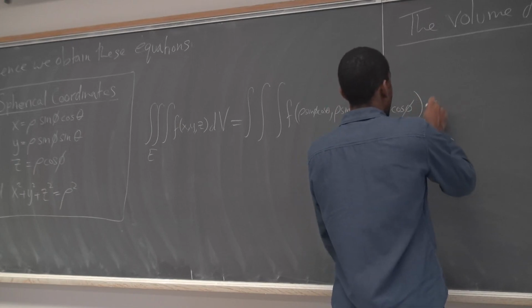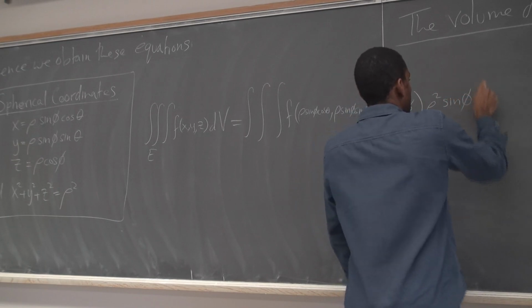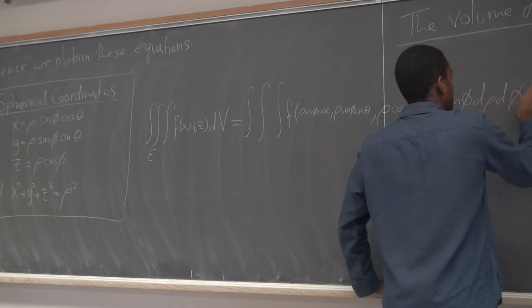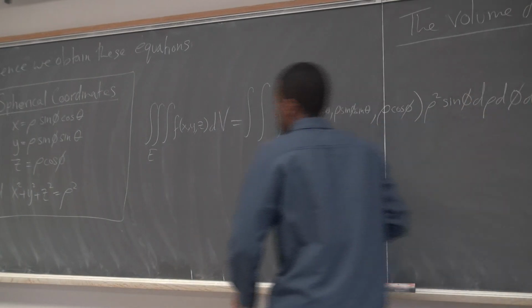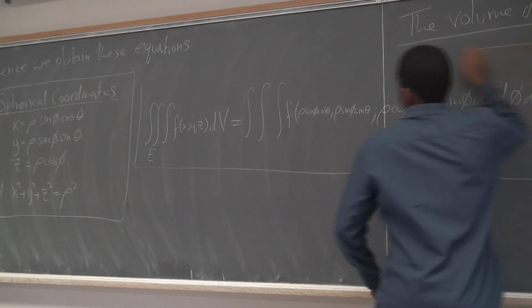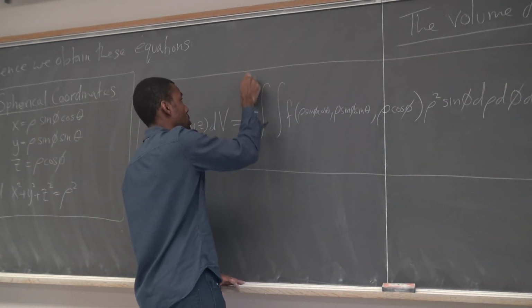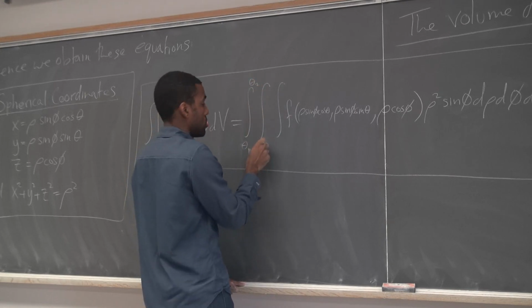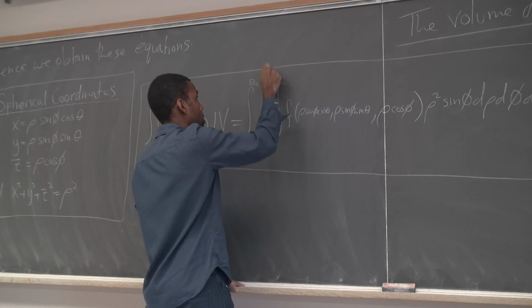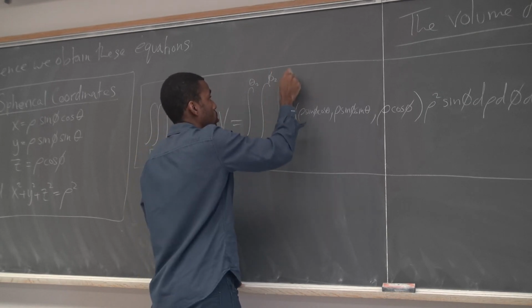And then your dV becomes rho squared sine phi d rho d phi d theta. This is theta 1 to theta 2, phi 1 to phi 2, and rho 1 to rho 2.